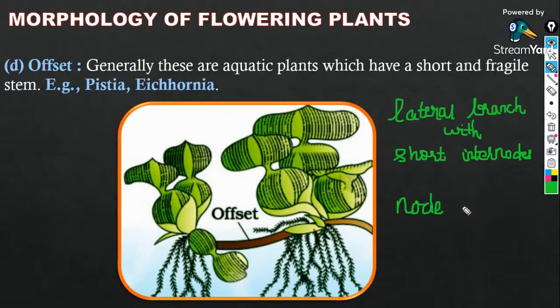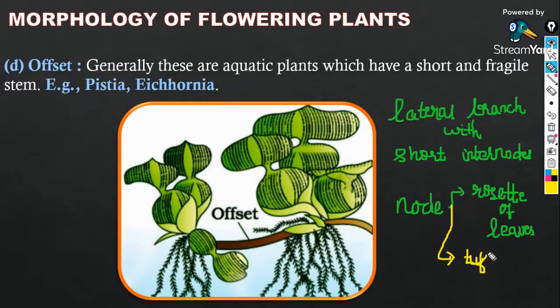The nodes will have a rosette of leaves, that is a group of leaves. The same term is there in NCERT, rosette of leaves. And a tuft of root, tuft meaning a group of roots. A group of leaves and a tuft of root.